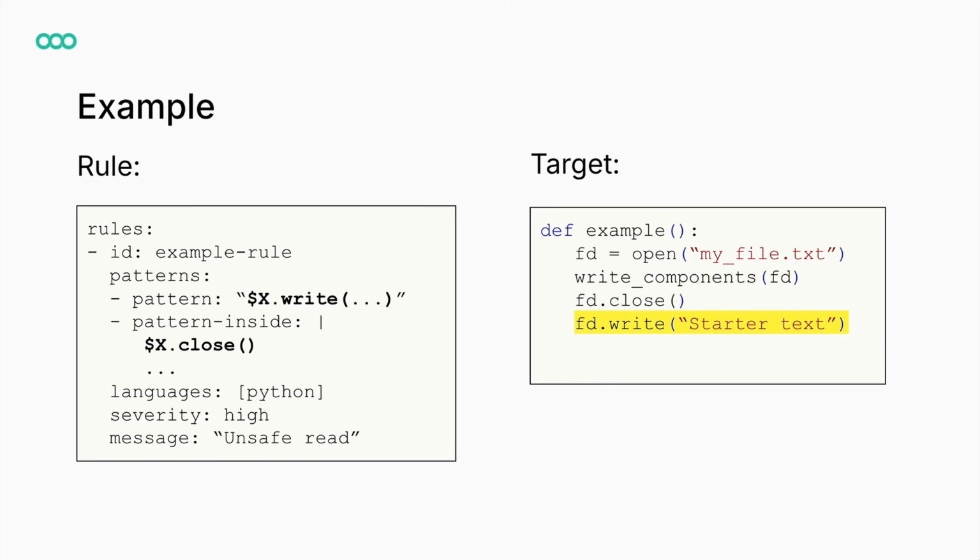So this will highlight when you close a file and then afterwards write to it. I did not actually test this rule on a target, so apologies if it doesn't quite work, but this will hopefully help illustrate how the syntax looks.